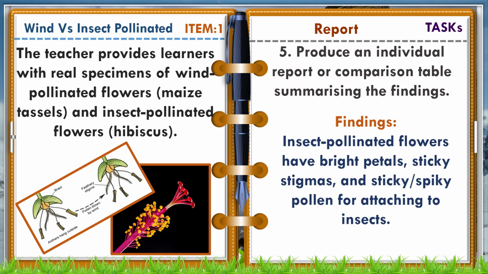Then we found out that the insect-pollinated flowers have bright petals, sticky stigmas, and sticky and spiky pollen, and this is for attaching to the insects.